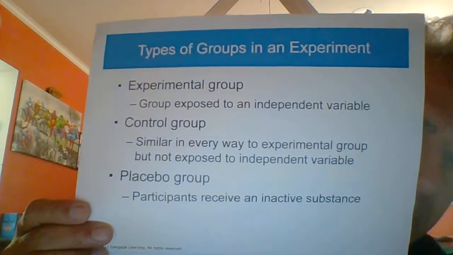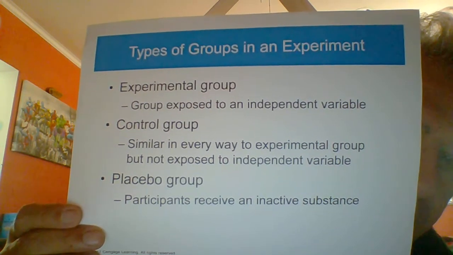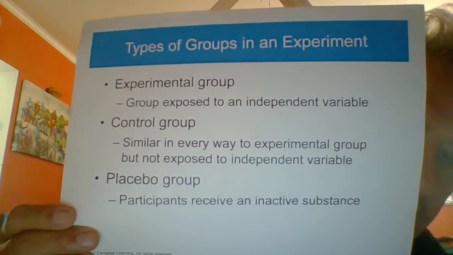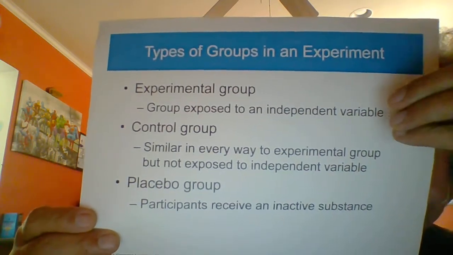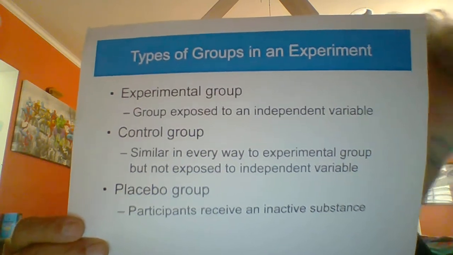You have to decide upon an independent variable and a dependent variable, or multiples. You have to decide which the experimental group is and what the control group is. That way you can do a little comparison. The experimental group gets the independent variable done with it, and the control group doesn't. And you always have, if you can, a placebo group. Now, this is easier said than done because you have to have a lot of people to do that. But good experiments are set up that way.